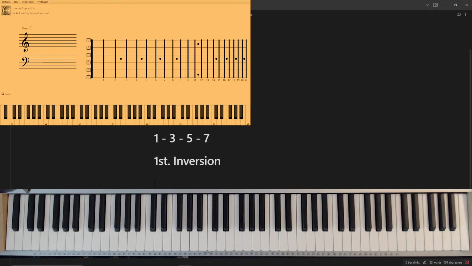Let's do this for root position, for second inversion. First inversion means we take the root note, F, and we play it an octave higher. We will always just shuffle. So now we have A, C, E, F.